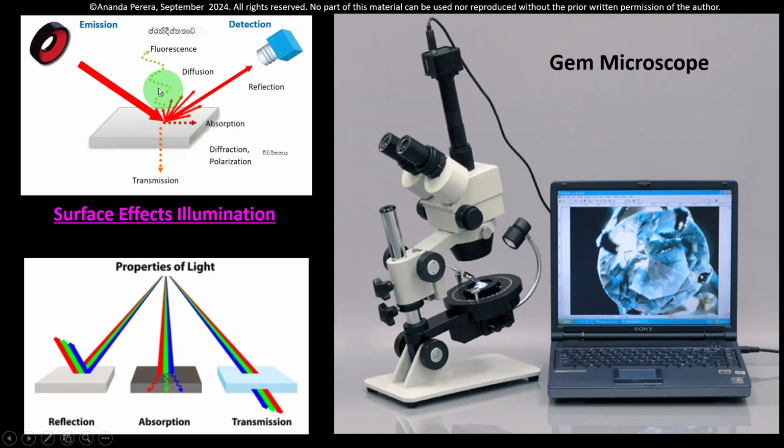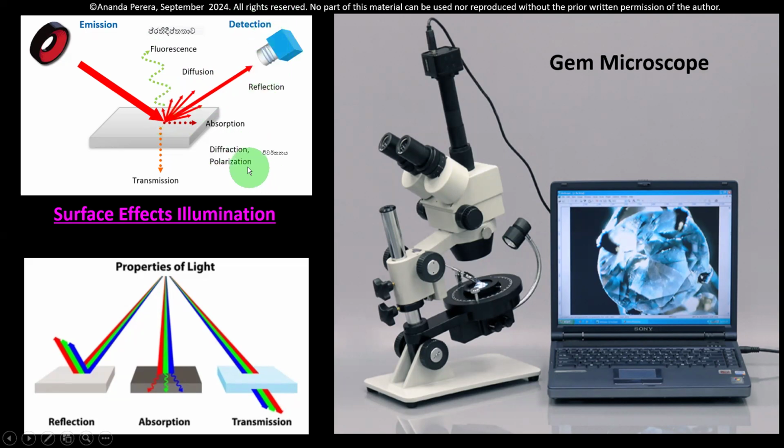Some are fluorescence. This light goes like transmission, absorption, fluorescence, diffuse, and reflection. When it reflects, we can detect it. This is called detection.